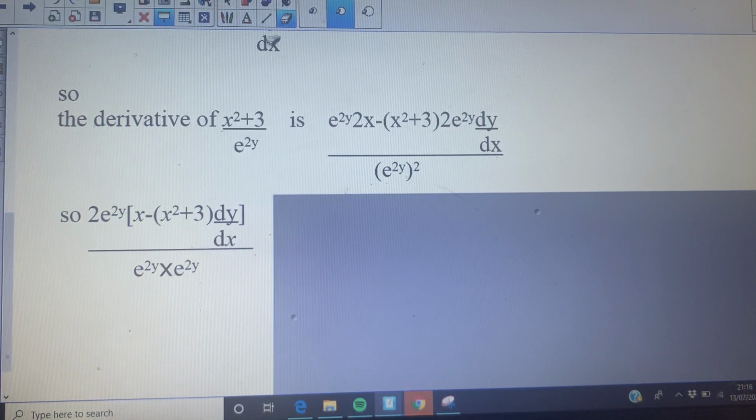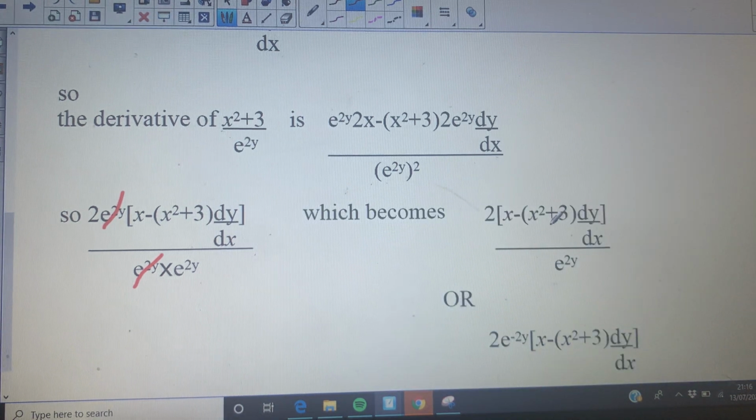I've then on the bottom written my e to the 2y. Instead of writing it as e to the 4y, which I could obviously, I've written it as a product because I've spotted this little cancel there. So we end up with something that looks like that. It is ugly. I'm not going to expand that.